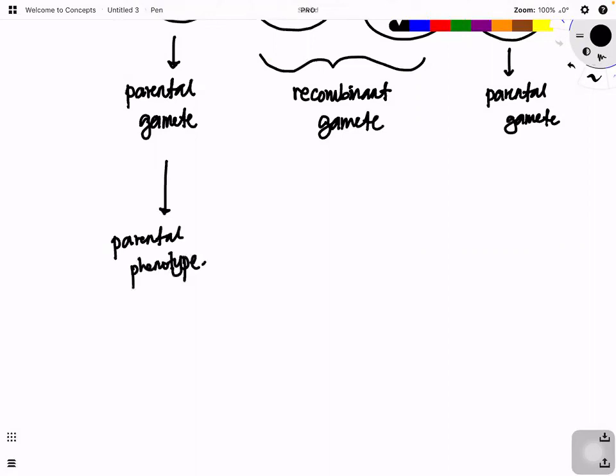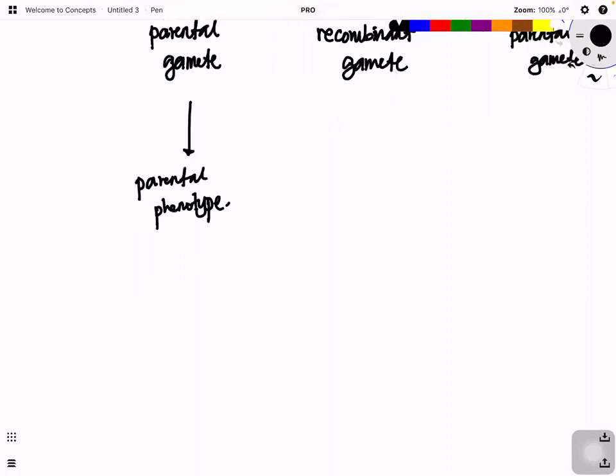When fertilization takes place, parental gametes will give us the parental phenotype. We cross it with the homozygous recessive. In this case, it will give us the gray body, normal wing. So gray body, normal wing is a parental phenotype, correct or not? Initially, we also crossed gray body, normal wing.